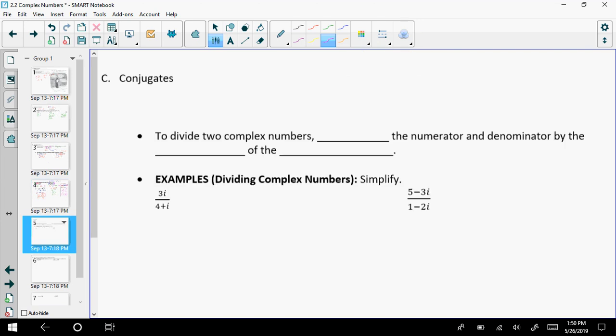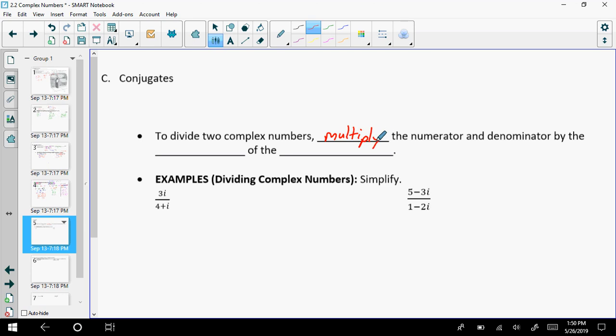All right, we have one of my favorite math terms ever. It's called a conjugate. And this is going to be how we tackle dividing. That's the only operation we haven't covered so far. So I'm going to come back to the conjugate word in just a moment. To divide two complex numbers, we're actually going to turn it into a multiplication problem.